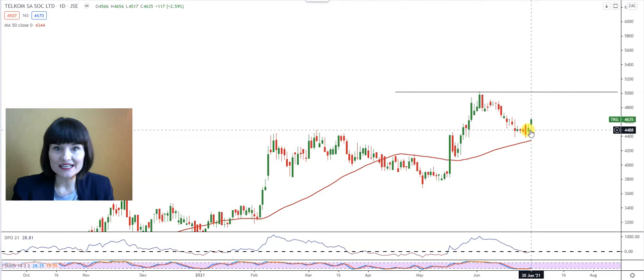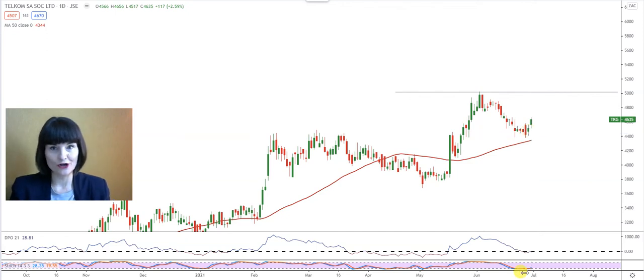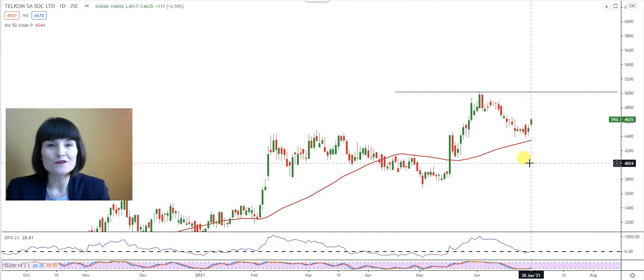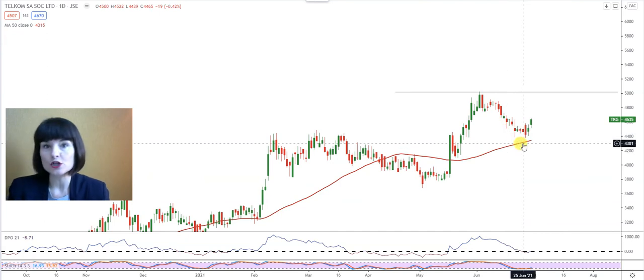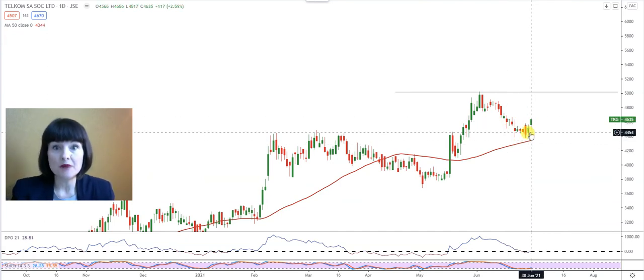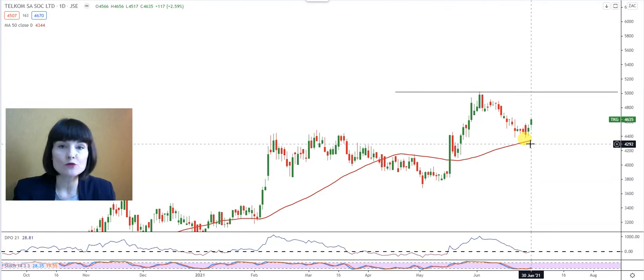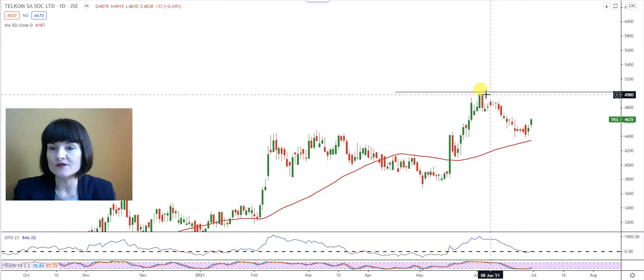So technically, with that stochastic being low, your DPO confirmed, and your 50-day moving average almost coming close to test it, that would be a buy opportunity. The stop loss I would use is that 50-day moving average, 43.44, and obviously that strong resistance is waiting at 50 Rand 22 as a possible target that you can aim for on Telkom.